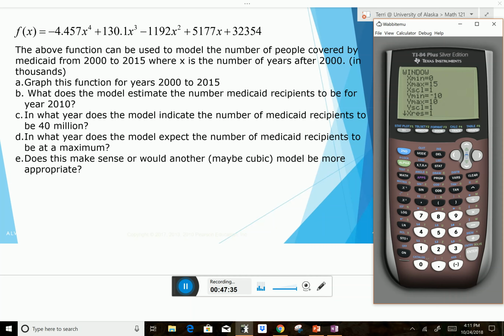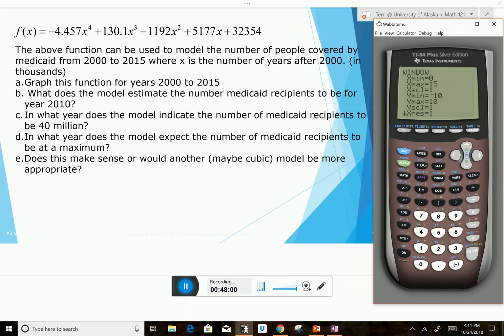But what am I going to need for this? Well, let's think about if x is 0. If I put 0 in here, the answer would be 32,354. That would have 32,000.